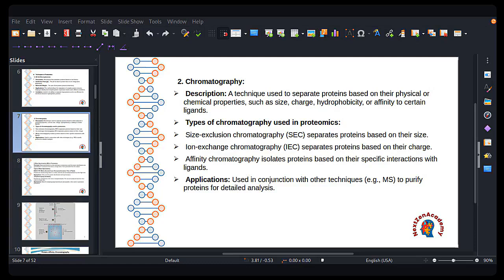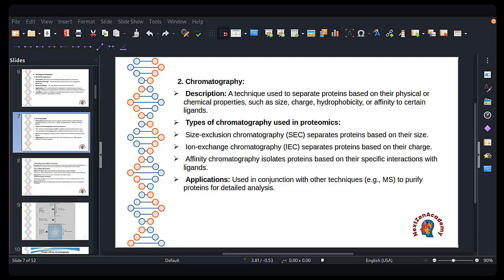Okay. We have covered chromatography. What was the previous topic of our slide? I'm watching. Are you active or not? What was the topic of my previous slide?